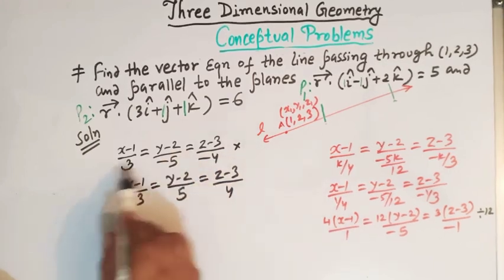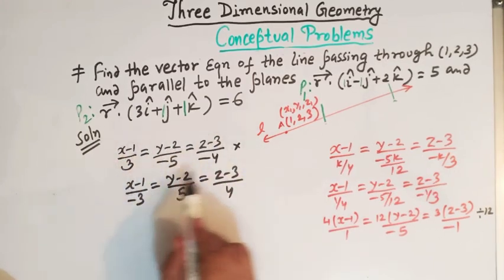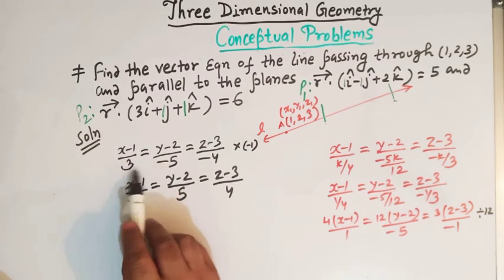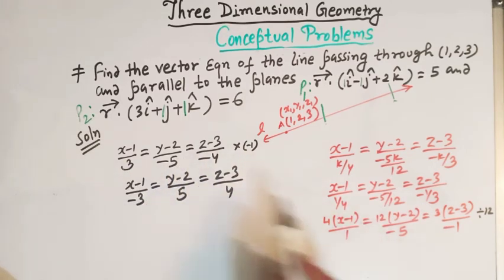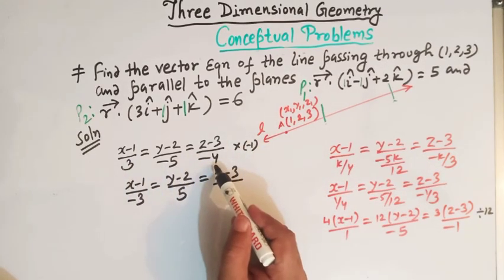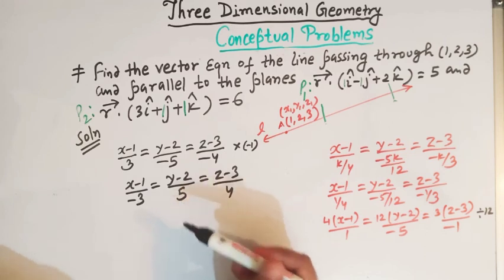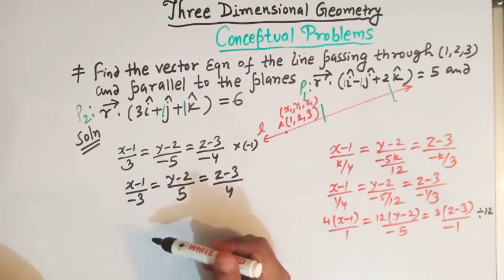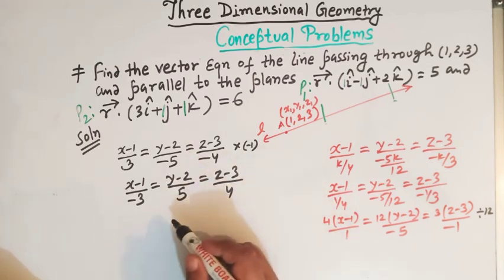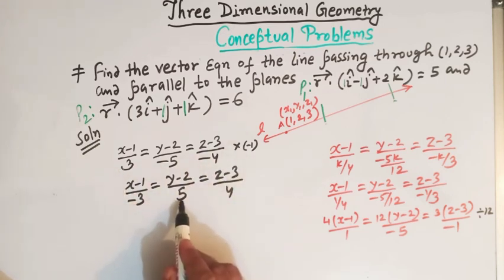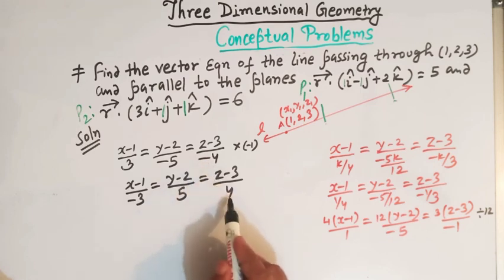Here the direction ratios of this line are 3, minus 5 and minus 4, and here we have also applied the concept that two parallel lines have the direction ratios proportional, right? So here multiplying by minus 1 we have minus 3, here we have plus 5, here also we have plus 4.